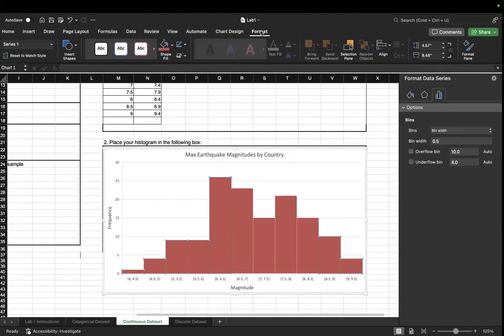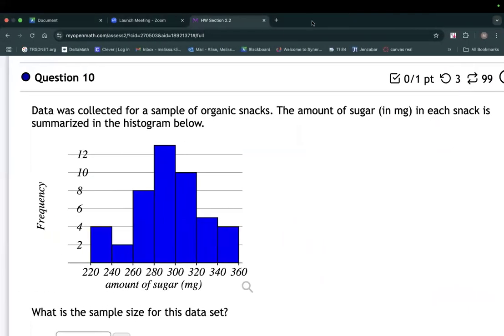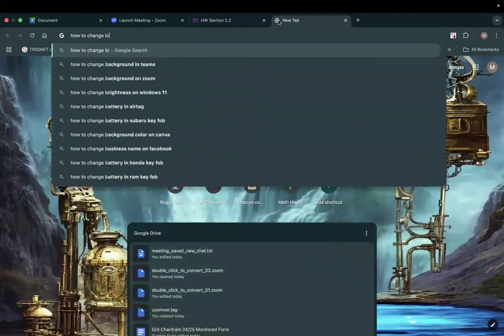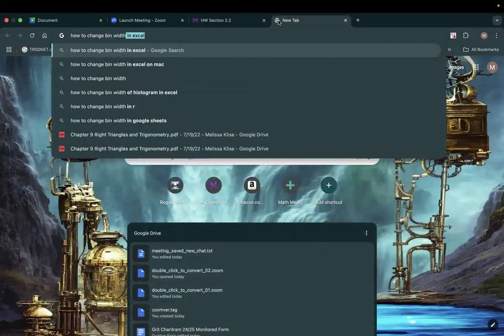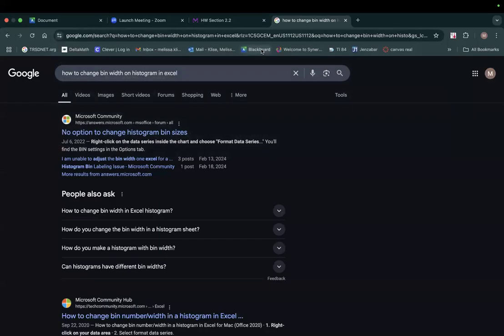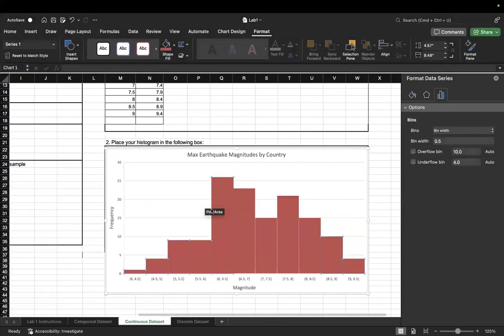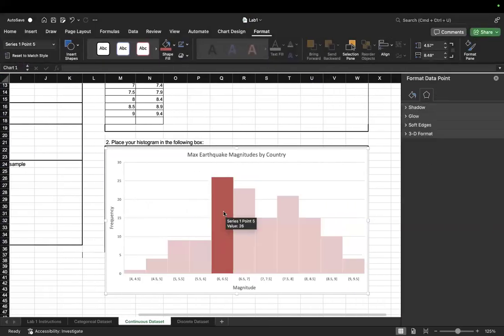Let's Google this. How to change bin width on histogram in Excel. This is, when all else fails, you Google, right? It says right click on the data series inside the chart. Okay, so go to here, and I don't know if you have a right click.